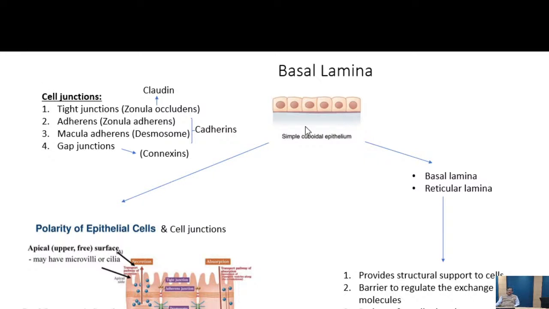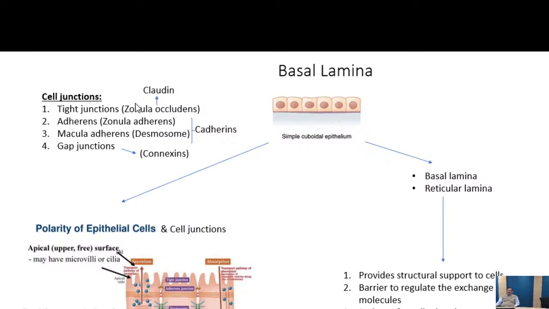So these are the three types of junctions. If you look at the epithelial layer, like in the lining epithelium of the gut, you will usually see that the tight junctions are more superficial, towards the surface. Then comes the zonula adherens, and then comes the desmosome.